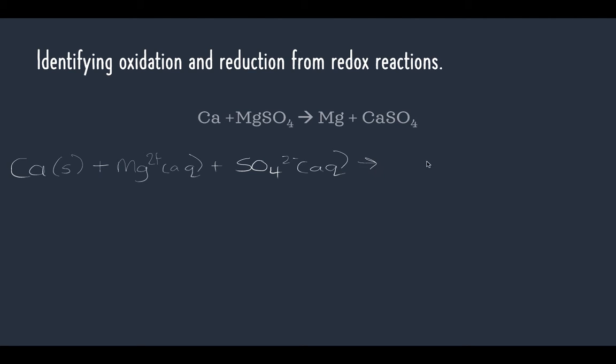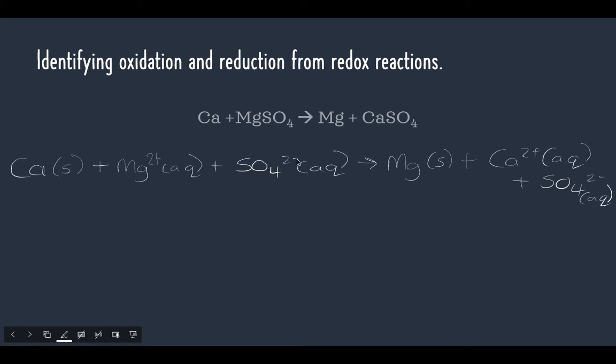On the other side of my equation, I just have magnesium metal, and I now have calcium 2+ ions and, as before, our sulfate 2- ions.